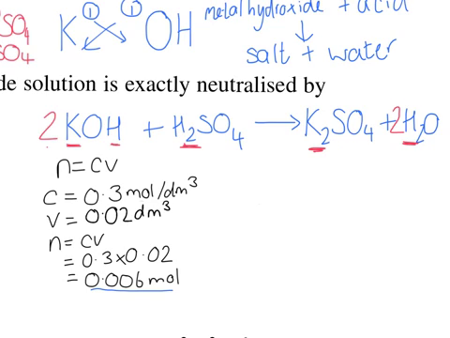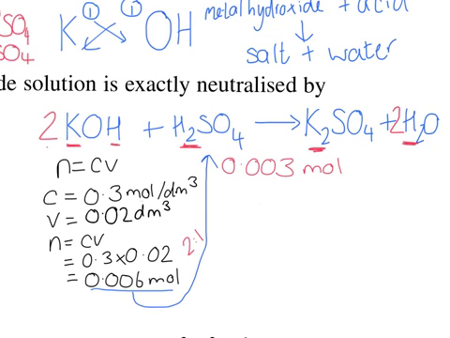So we bring this over to our sulfuric acid, but we need to remember to take into consideration our stoichiometric ratio. And you can see that the ratio is 2 to 1. So that means that to neutralise 0.006 moles of potassium hydroxide, I need 0.003 moles of sulfuric acid.